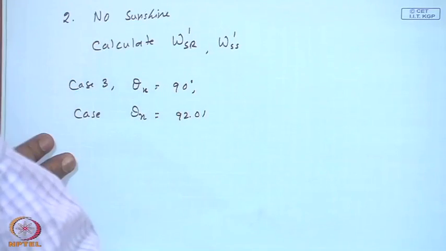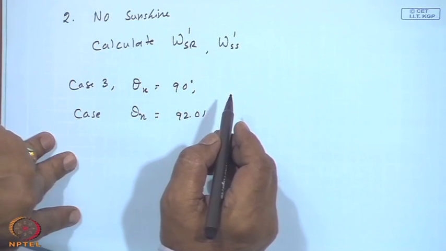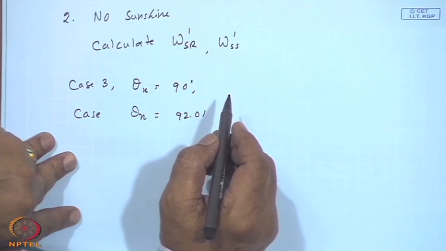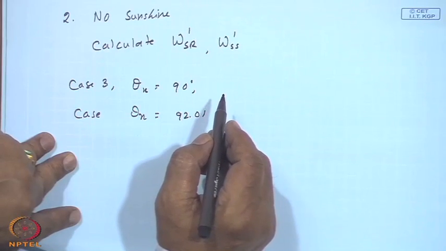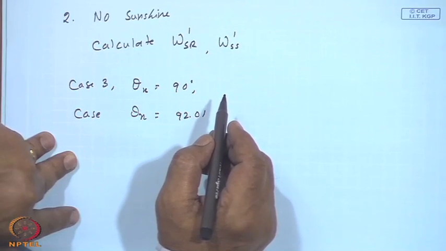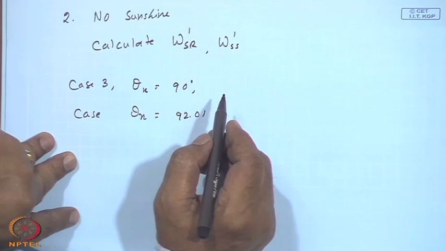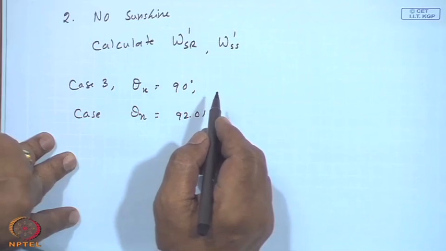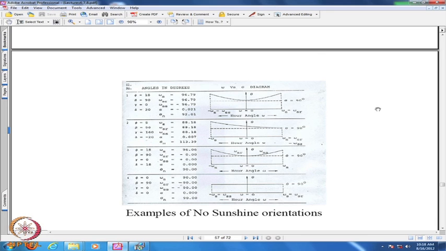Graph by hand I could not show that, it is slightly more than 90, does not matter, still it does not receive any radiation. As you can see, phi is equal to delta, less than 23 degrees in case number 3. So, at noon time for a vertical surface, the sun's rays will be parallel, meaning thereby theta at noon will be pi by 2, and at other places it is more than pi by 2.